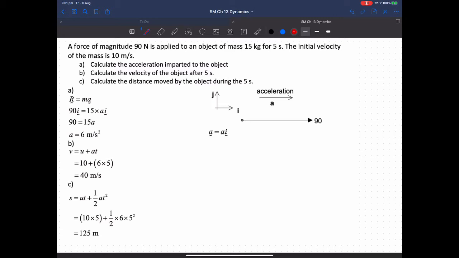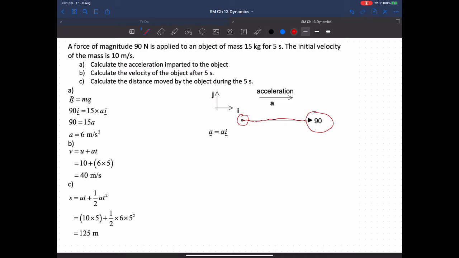What I've done is drawn the body as a particle, and the force that is being operated on it is 90 newtons. I've indicated the force by drawing in the arrow.